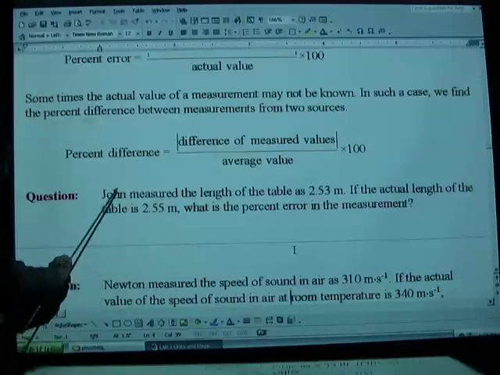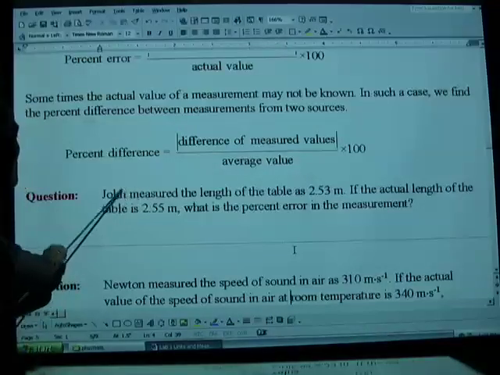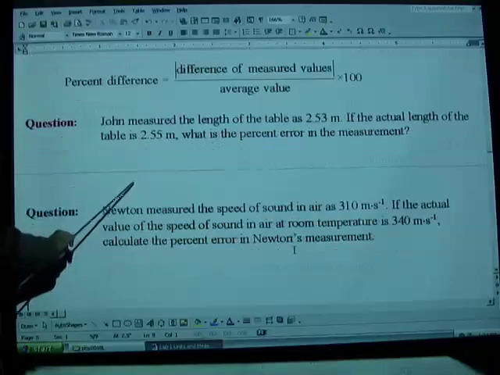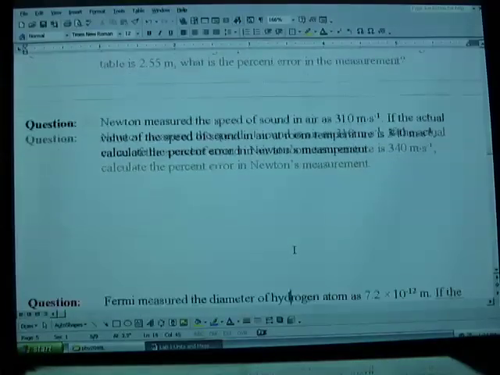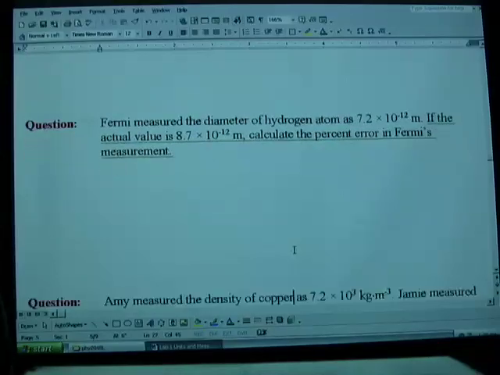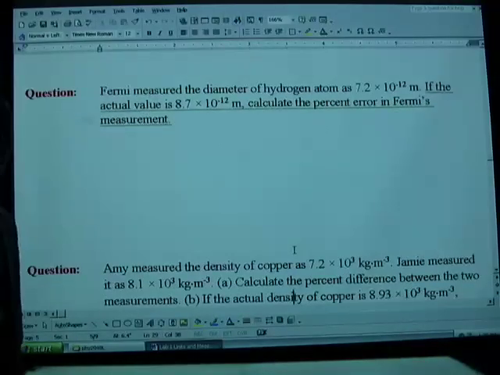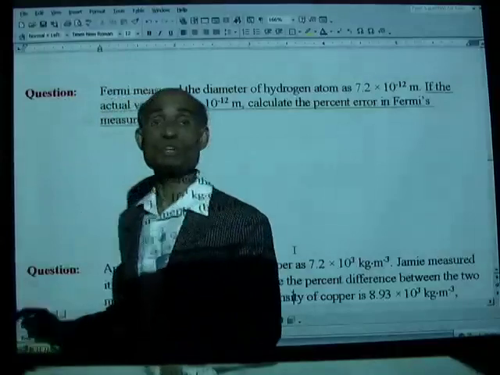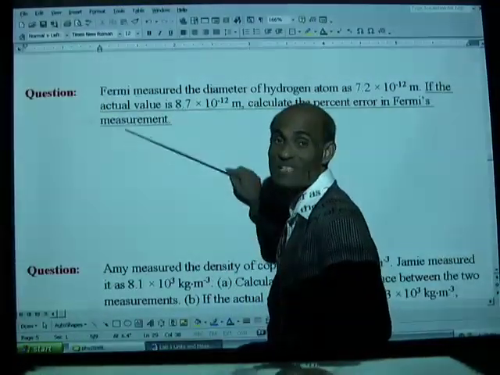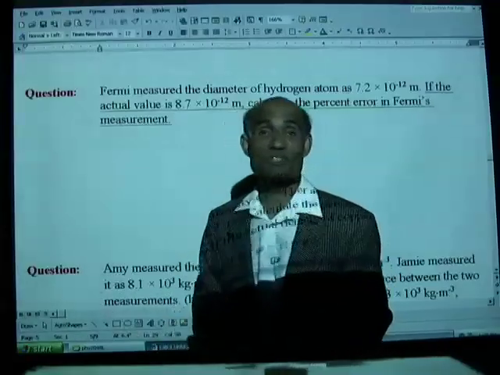I want you to use that concept to do these problems. I'm going to leave them for you to do on your own. There are 4 or 5 calculations I want you to do. And remember, the report on this lab is you complete the space that is given. And you know how to do that.